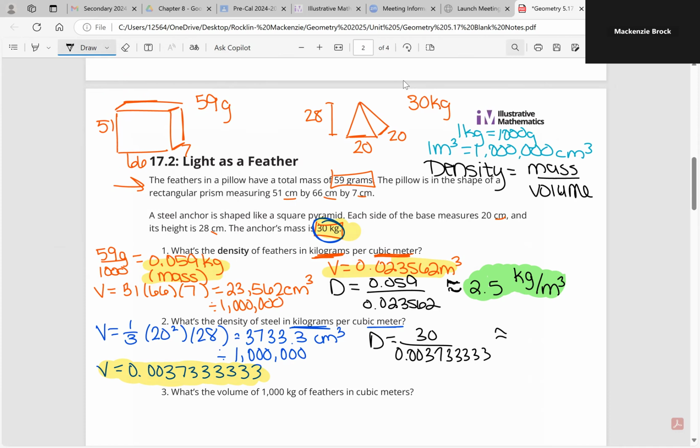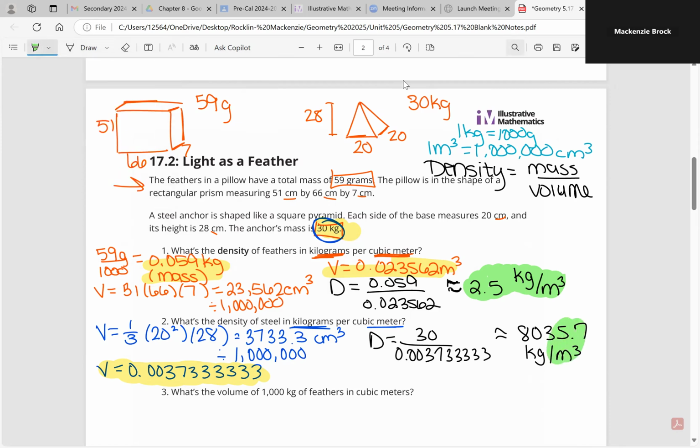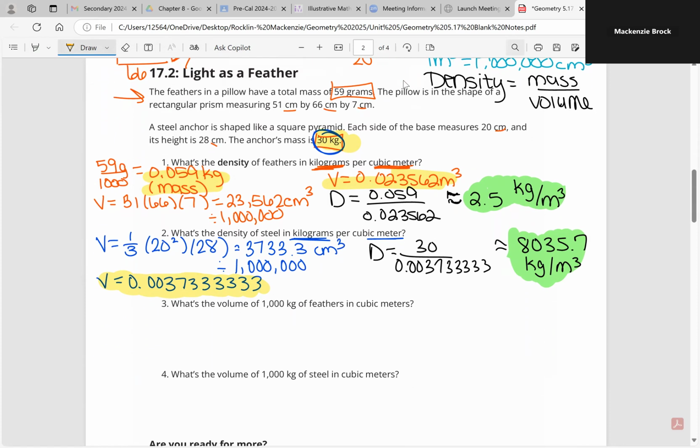And we get about 8035.7 kilograms per cubic meter. Okay. So again, hard part really was just converting everything.